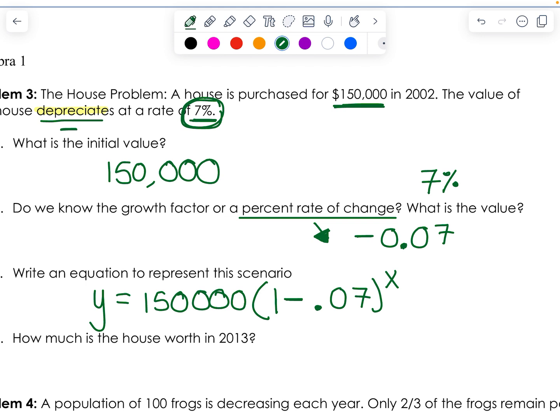Once you have your equation, you can use it to find how much the house is worth in 2013. So from 2002 to 2013, that's 11 years. So we are going to plug in the number 11, not 2013.